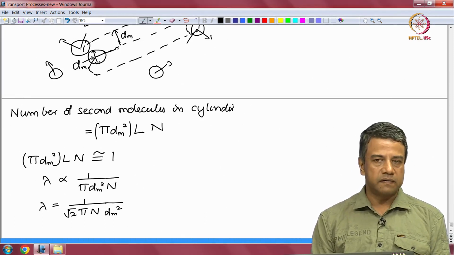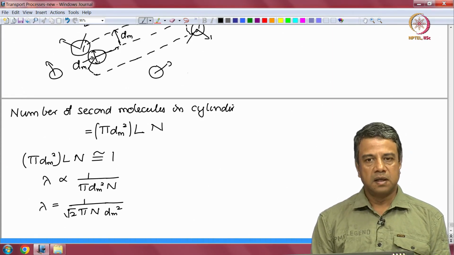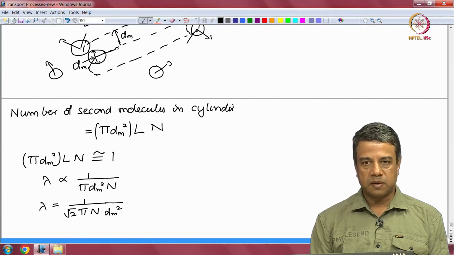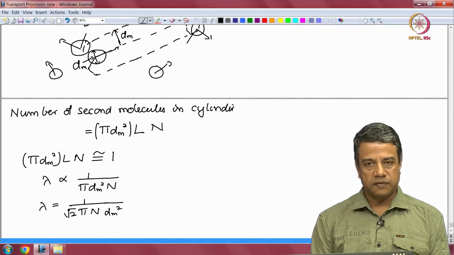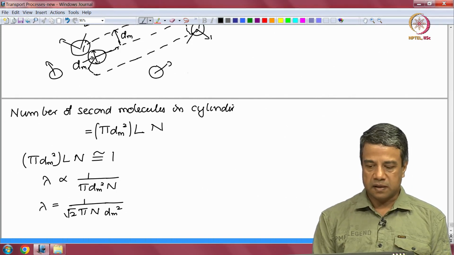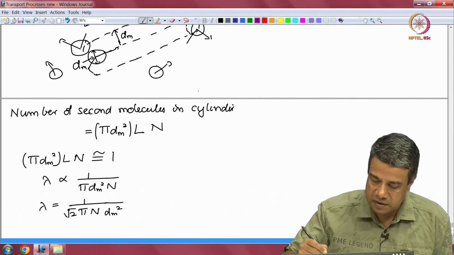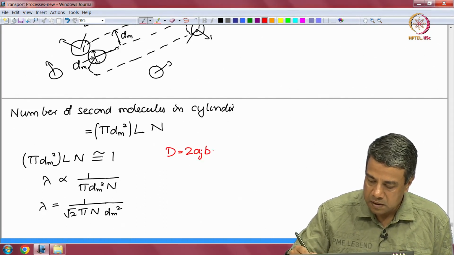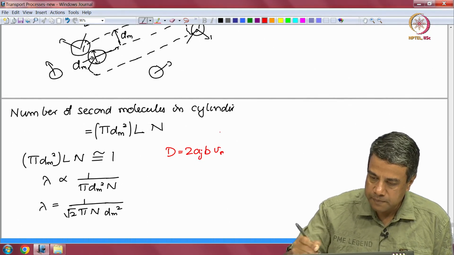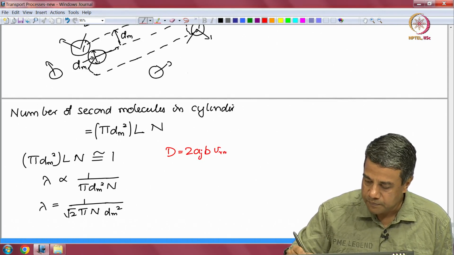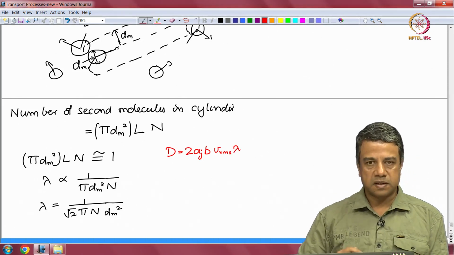You can easily verify that this has dimensions of length, because n is number per unit volume, and number per unit volume into diameter square is number per unit length in the denominator. So, effectively lambda has dimensions of length. So, this is the second factor in our expression for the diffusion coefficient, D is equal to some constant times Vrms times lambda.